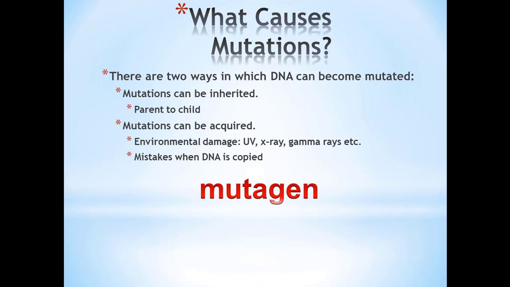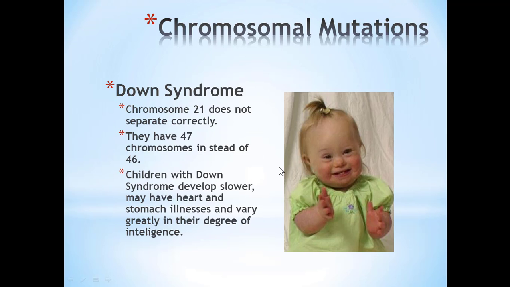Mutation can be inherited from parent to child, and mutation can be acquired from the environment. For example, ultraviolet, X-rays, gamma rays, etc., and mistakes when DNA is copied. Chromosomal mutations can affect our health. For example, there are some syndromes.